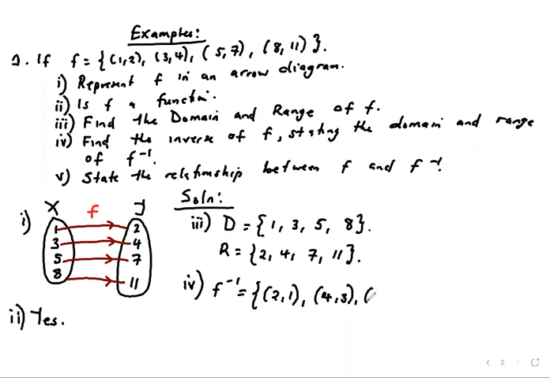Instead of saying 5, 7, you say 7, 5. Instead of saying 8, 11, you say 11, 8. You're done. That's the inverse.